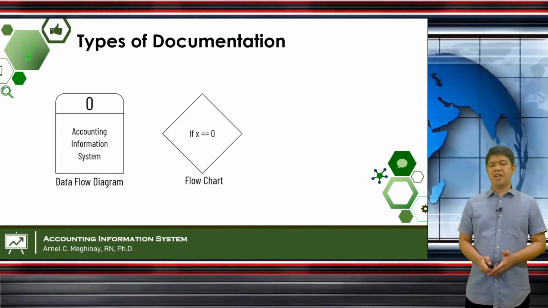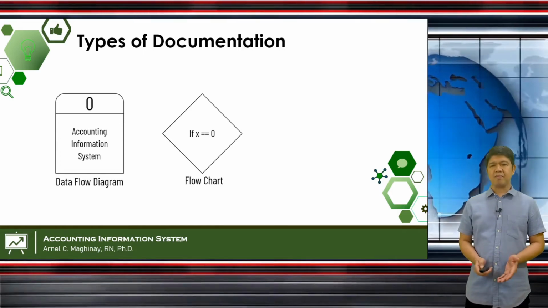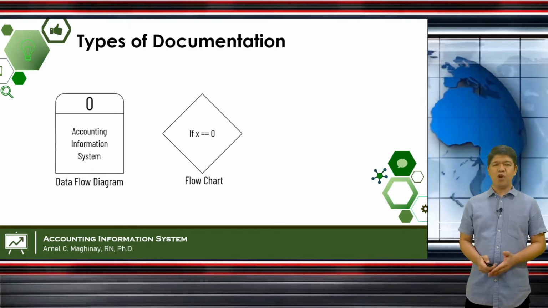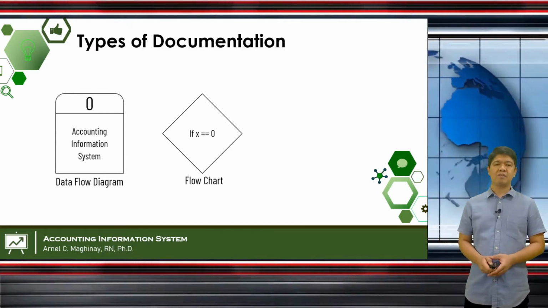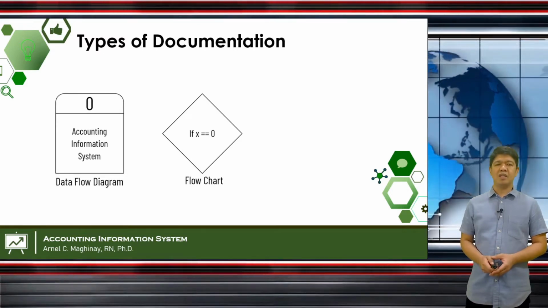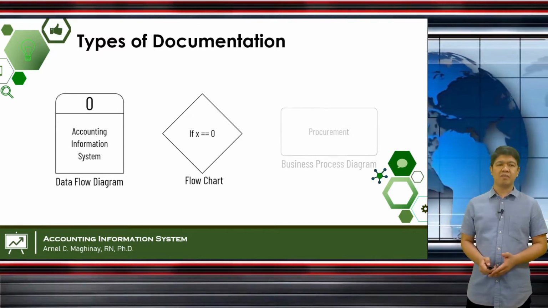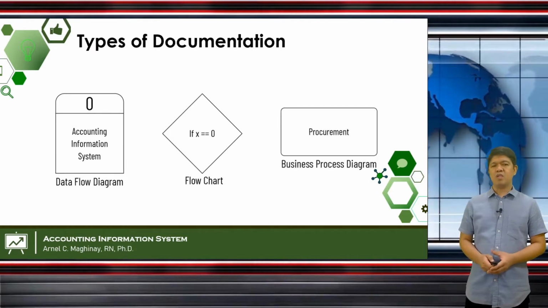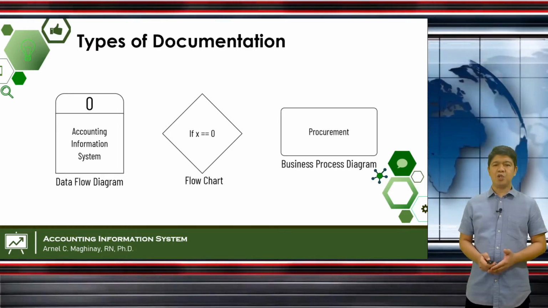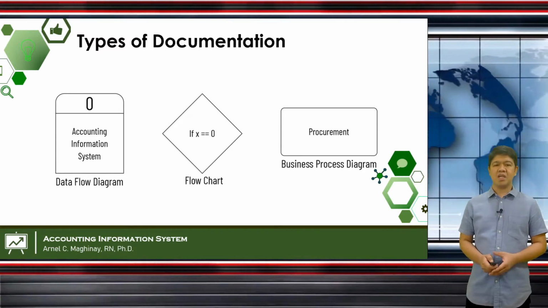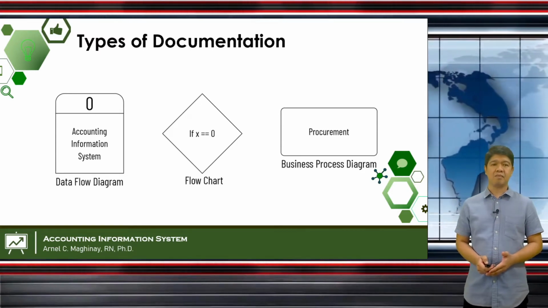A flowchart is a graphical description of a system. There are several types of flowcharts, which include the document flowchart, the system flowchart, and the program flowchart. Next, we have the business process diagrams, which are graphical descriptions of the business processes used by a company.